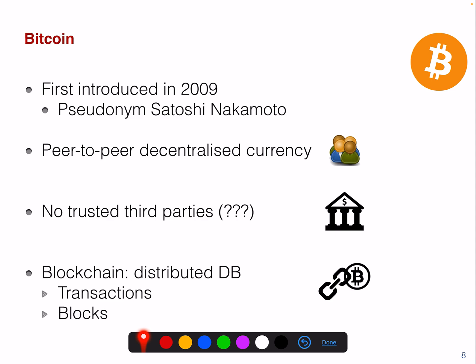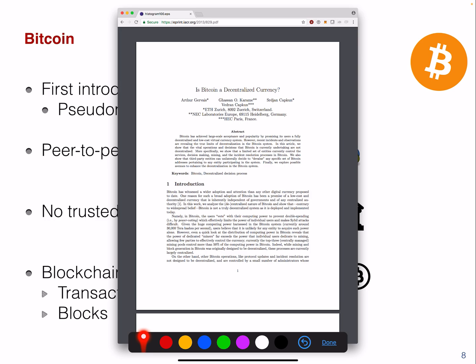It is a peer-to-peer decentralized currency, which means you have several peers, as we just saw in the slide with the knights, that don't necessarily have the same view of the ledger and of the network. It's supposed that there's no trusted third party, but that's not necessarily true, so we will look into this. There's also a paper if you want to read more: is Bitcoin actually a decentralized currency?